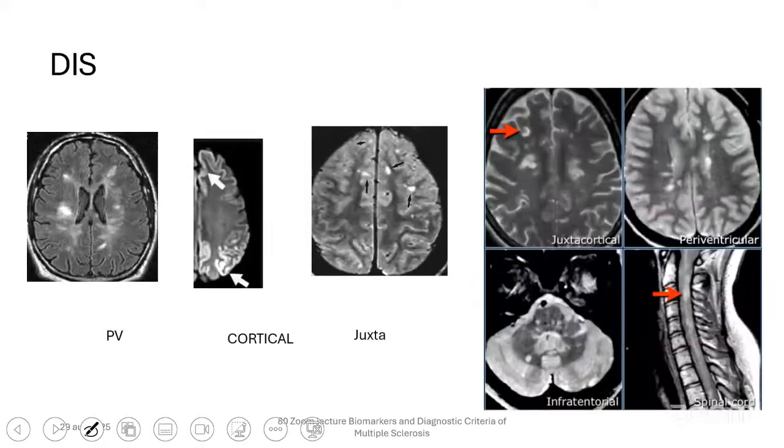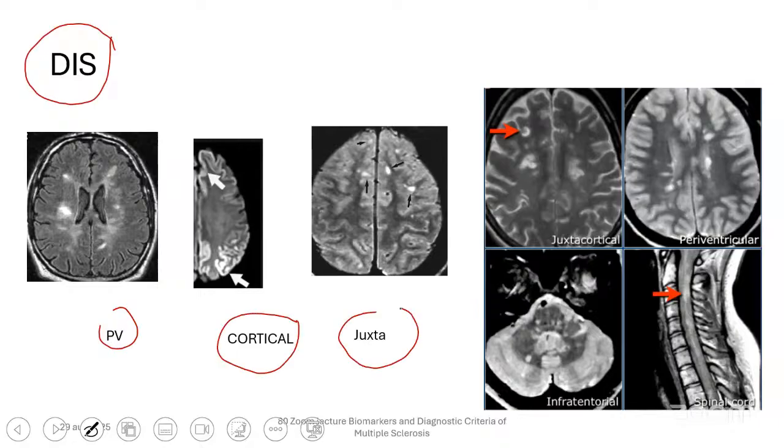Now let's look at the biomarkers, where initially we'll be dealing with MRI and what are the various aspects of MRI that are important. Periventricular dissemination in space. The concept is that you have to identify these markers, these neuroimages, when the lesions are in the periventricular region, then the cortical region, and the juxtacortical.